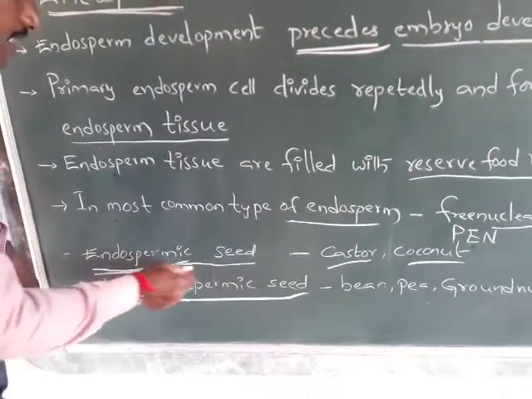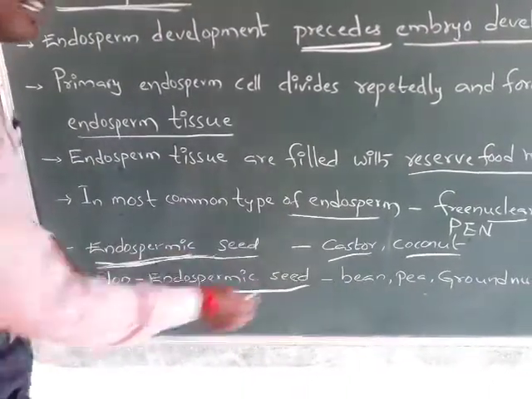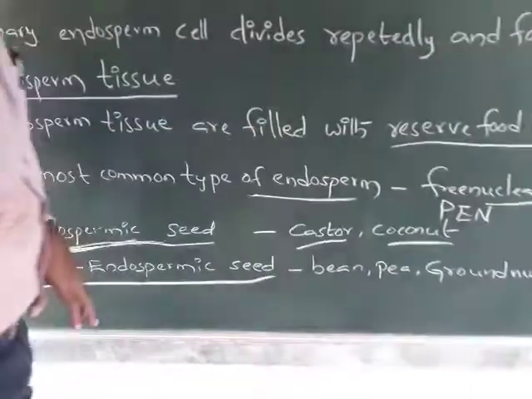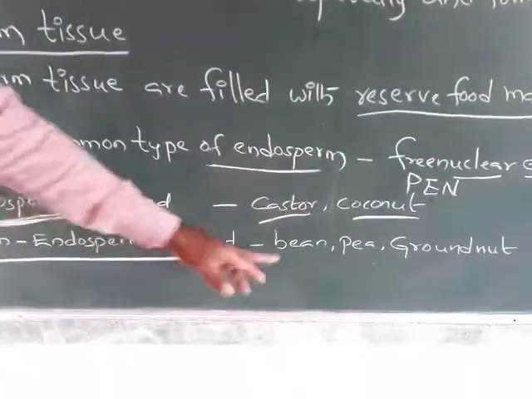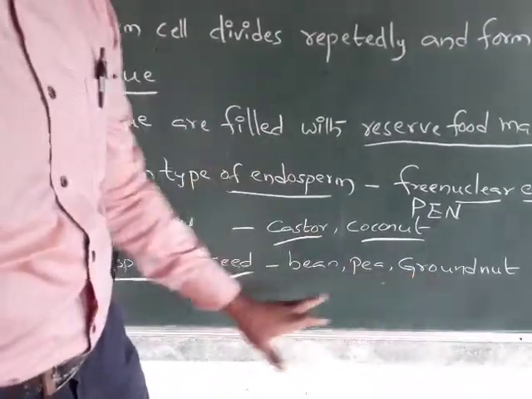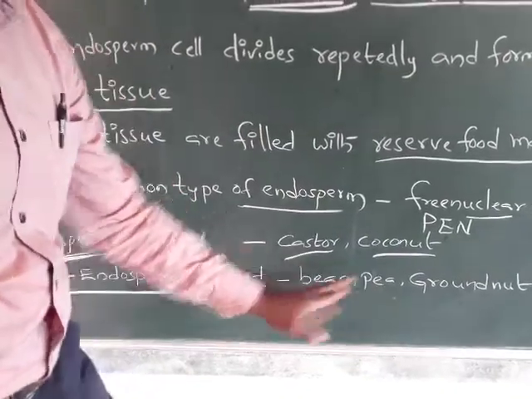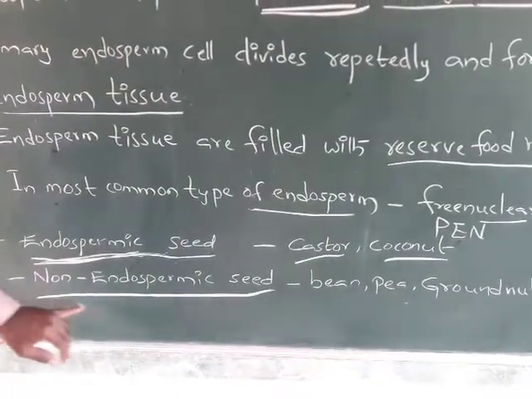Those seeds are called endospermic seeds. Example, castor and coconut.